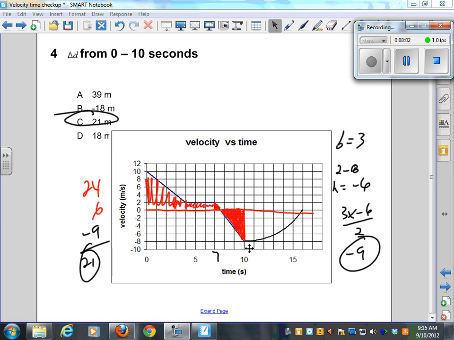So the net height is minus 6, and then you multiply those together. The base is 3, the height is minus 6. 3 times minus 6 is minus 18, divided by 2, and it's minus 9.